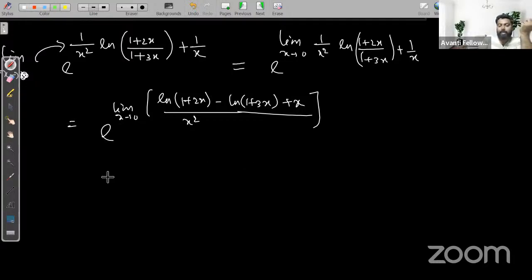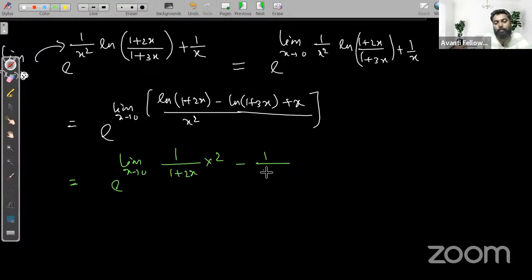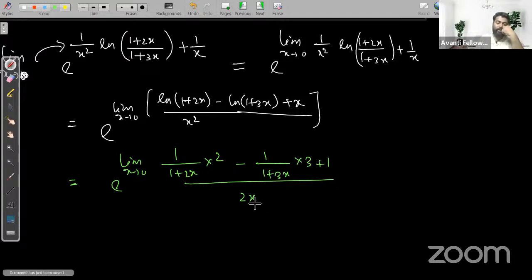Okay, so let's see. We'll use the L'Hopital rule first because it is easy to evaluate. E raised to limit extending to 0, this will be 1 upon 1 plus 2x into 2 minus 1 upon 1 plus 3x into 3 plus 1 divided by 2x. Again, you need to use L'Hopital rule because again you are getting 0 by 0 form.